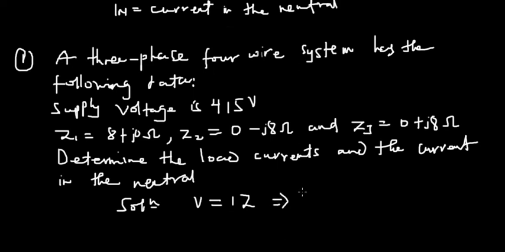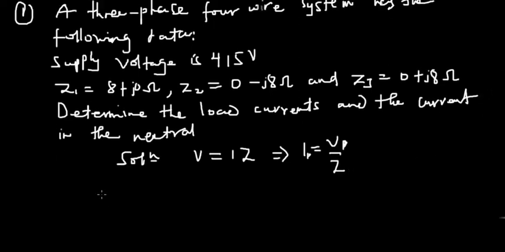So we have I equal to V on Z. But here we are talking about IP, VP, and then Z1, Z2, Z3. So let's proceed. Let's write our parameters and then continue from there.